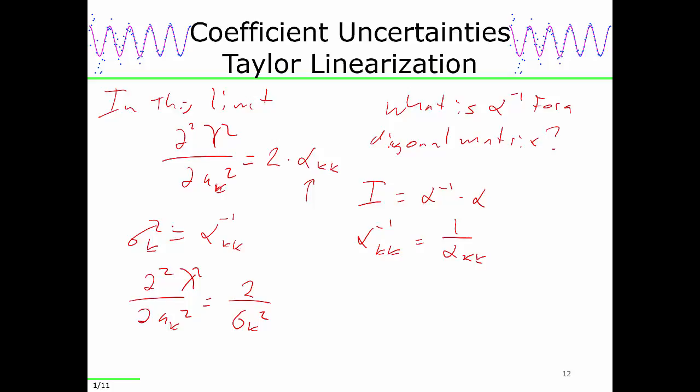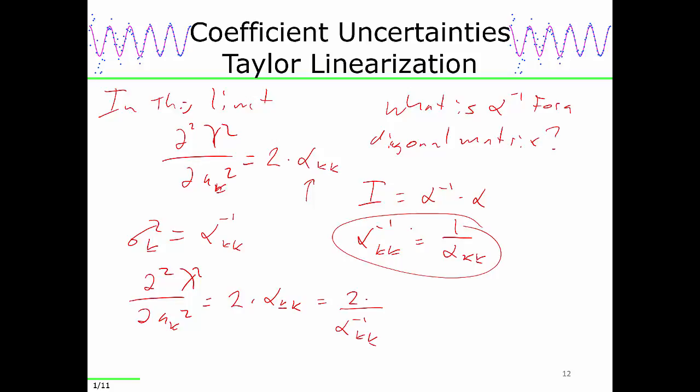Everyone's still okay with that? Maybe not. Hopefully still all right. Okay, I'll do it explicitly. How about that? It equals 2 times alpha kk. Alpha kk is 1 over alpha inverse, right? Because of this relationship here.